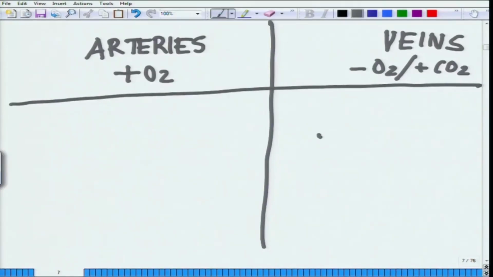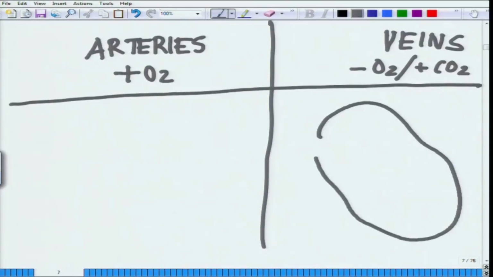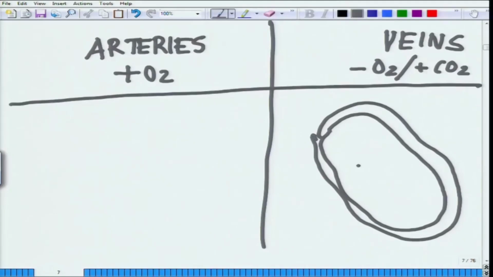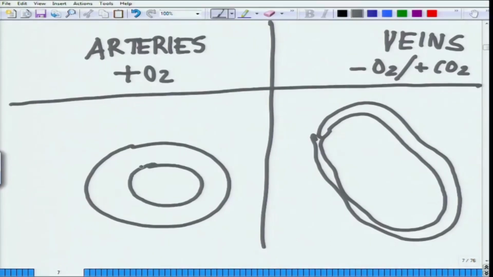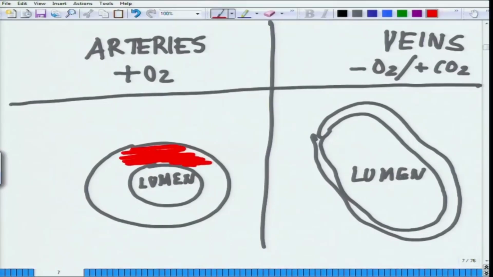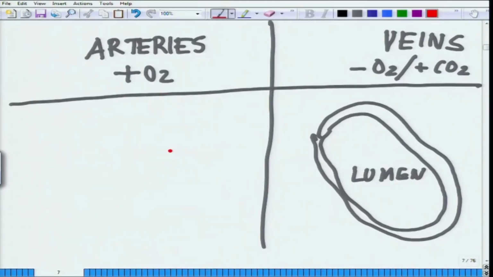Structurally, if you see the cross section of the veins, it will be more like this. If you look at the lumen out here, and compare it with the lumen of the arteries, the arteries' lumen is much smaller. So, here is the lumen, the cross sectional area. These are the walls we talked about: tunica interna, tunica media, tunica externa.